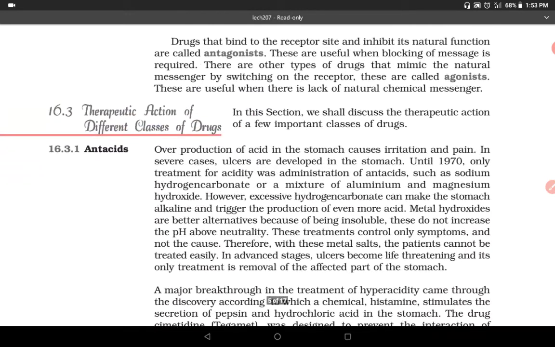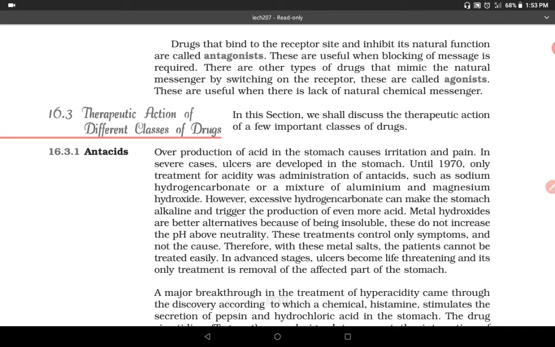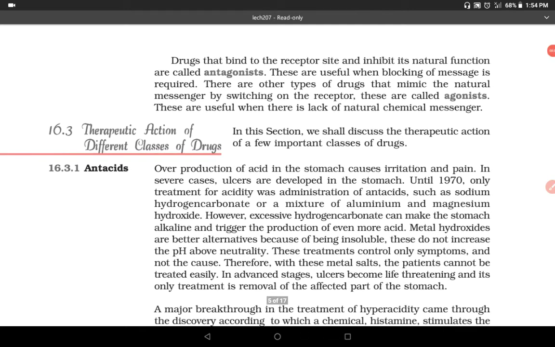Drugs that bind to the receptor site and inhibit its natural function are called antagonists. Here drugs are very helpful for us.